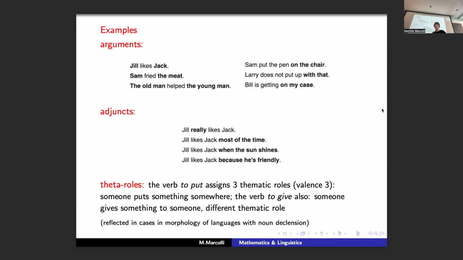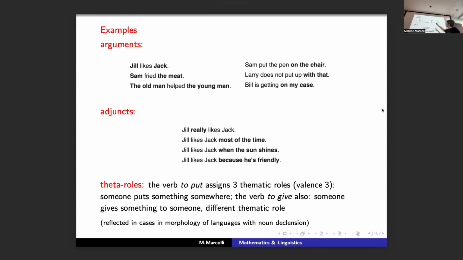So here are some specific examples. If I take the word likes, that has two arguments that it takes. There's someone that likes and there's someone that's being liked. These are a similar structure where you have a direct object and a subject, and these are two mandatory relations.